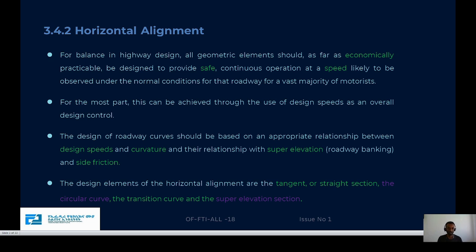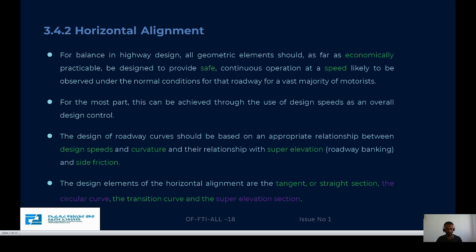For example, if speed is increased, the minimum radius R will also be increased. If the super elevation is increased, the curvature radius will be decreased. So it is a direct relationship with speed, and an indirect relationship with super elevation.